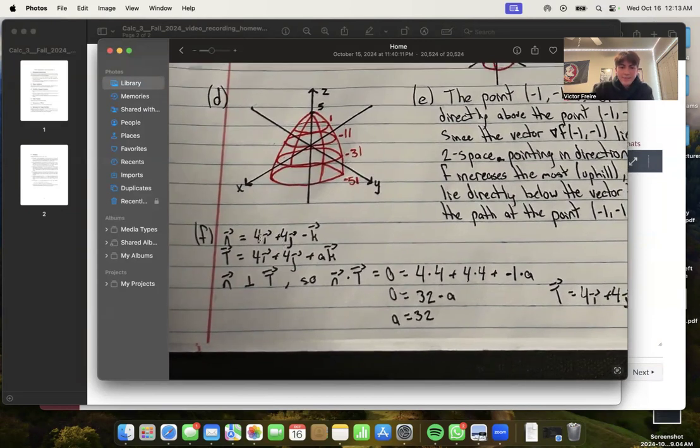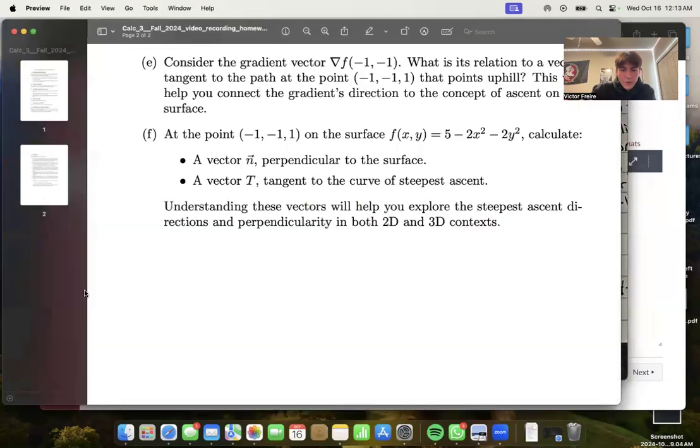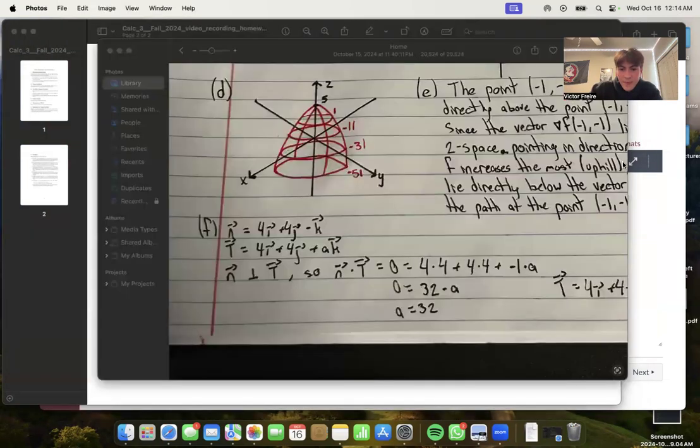It's just that the gradient vector is perpendicular and pointing inwards of the graph, whereas for the t vector we want it tangent to the curve. If the curve is like this, we want it tangent and going on the steepest ascent. So while n is perpendicular going inside, we want something tangent and going up.